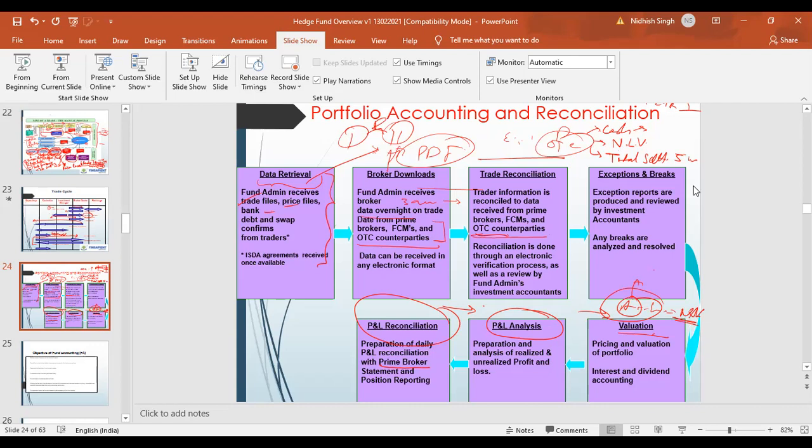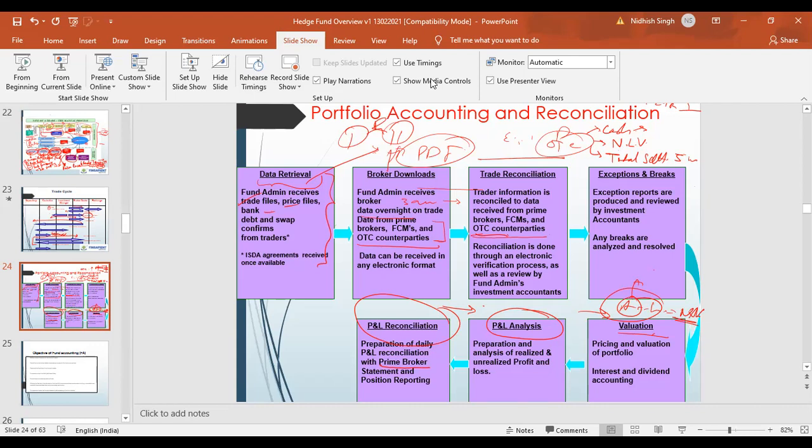So the NAV date, which is already prefixed, like BD 4, 5, 6, 7, the NAV finalization will get delayed, or it could also be inaccurate, which is another big sin in a sensitive industry like a hedge fund.